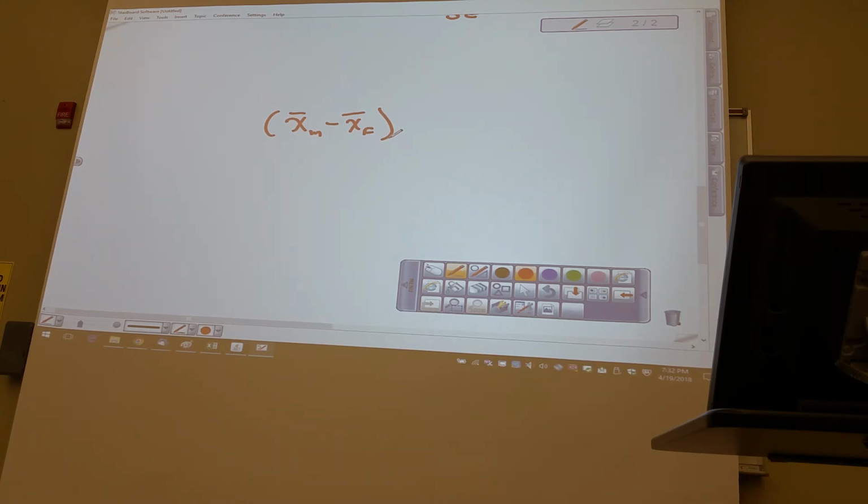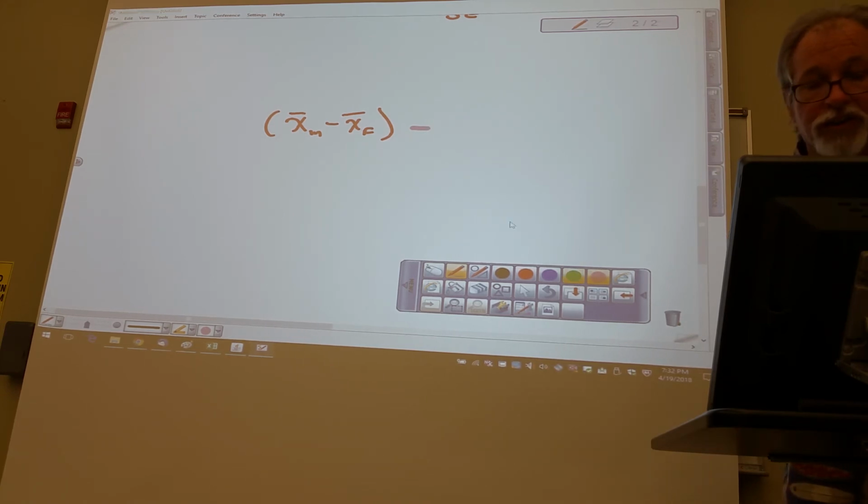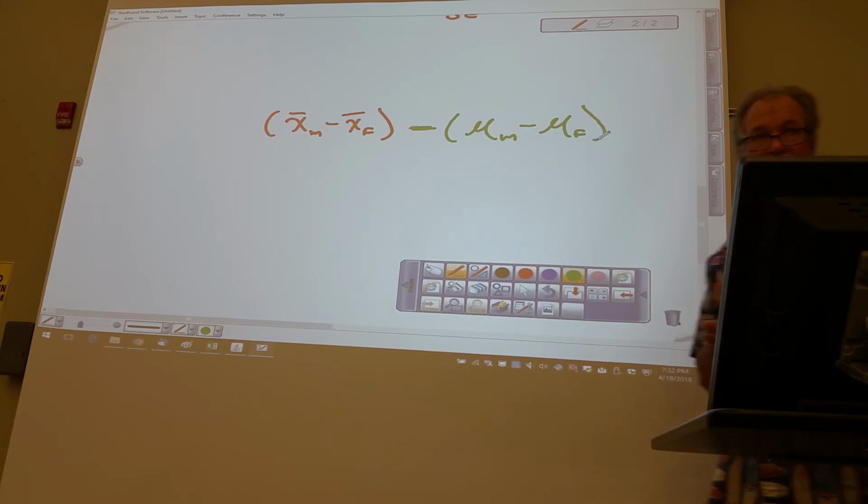So we started off with this. And then normally we go ahead and subtract something, right? I'll use green. And we normally would do the mean of the male population minus the mean of the female population.